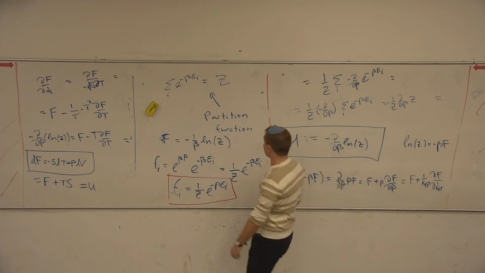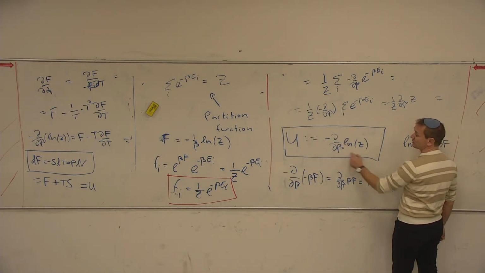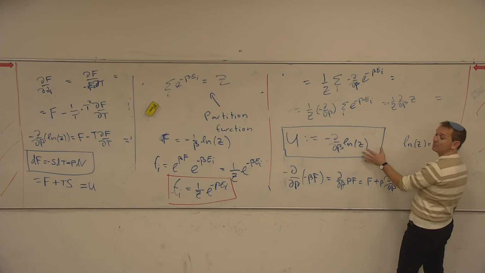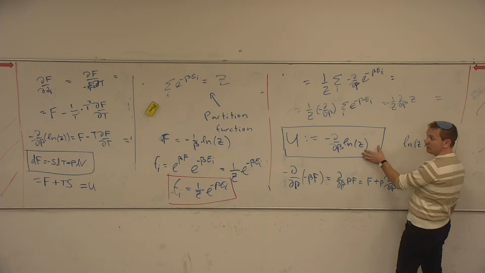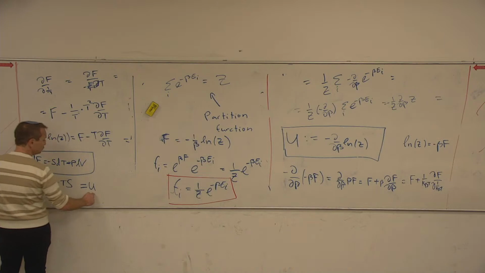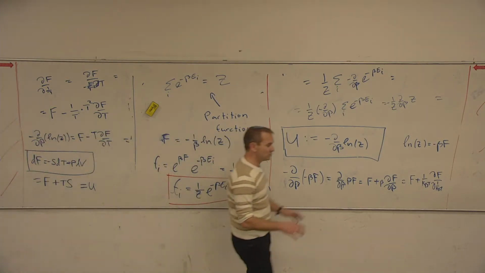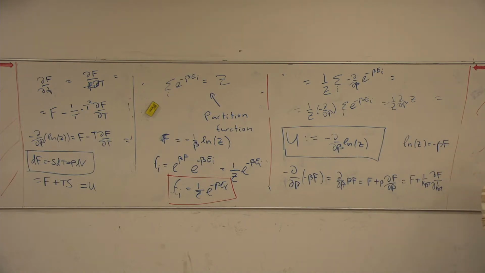Our average energy is minus d over d beta of log of Z. This is a microscopic quantity that assumes some knowledge about the specific energies of the system. And we obtain that it exactly equals the thermodynamic U that we used. So everything is self-consistent.